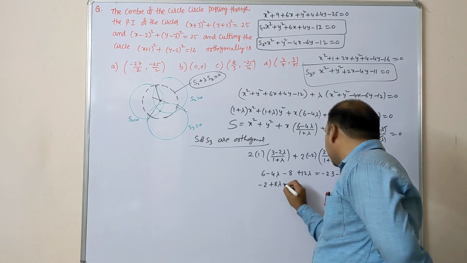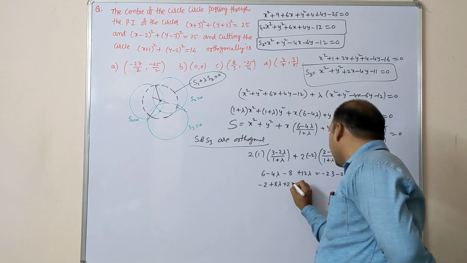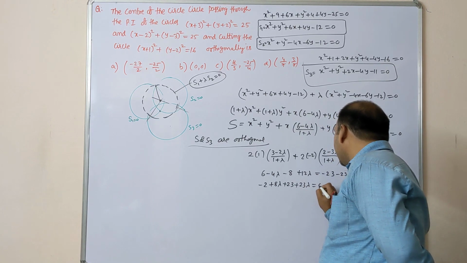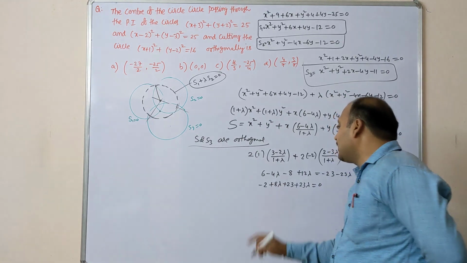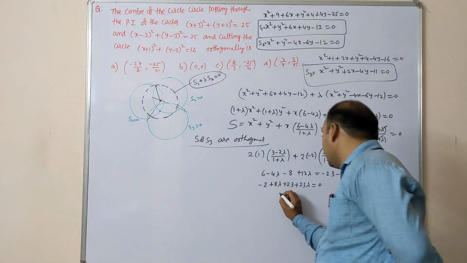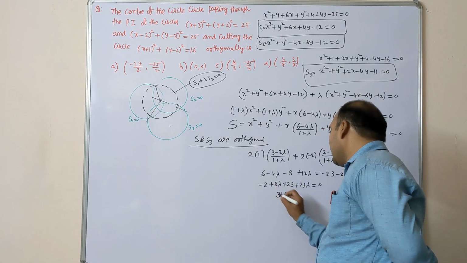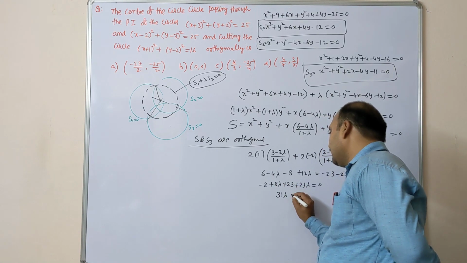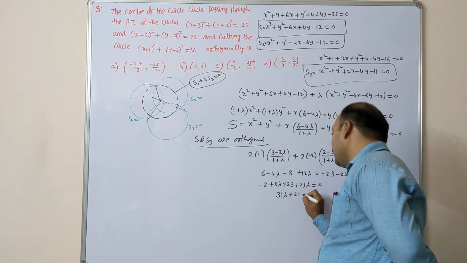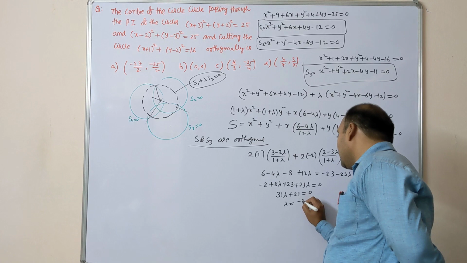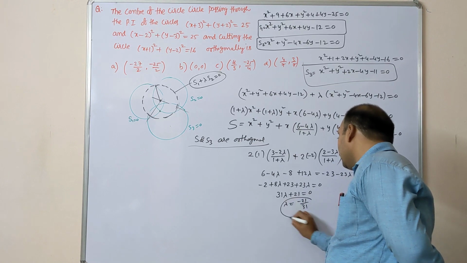These values I am taking this side, plus 23 lambda equal to 0. So 23 plus 8, 31 lambda. 23 minus 2 means what? Plus 21. So lambda equal to minus 21 by 31.